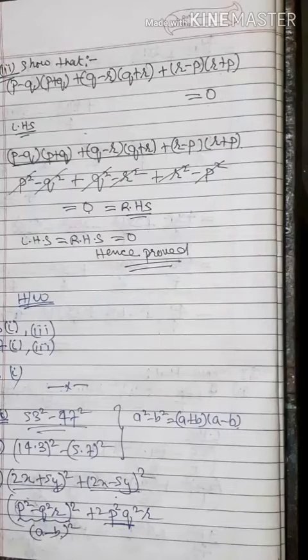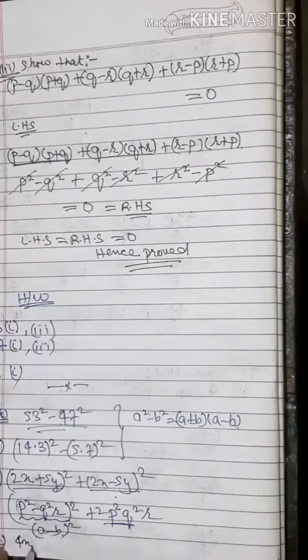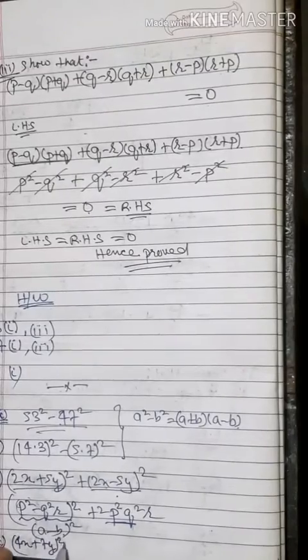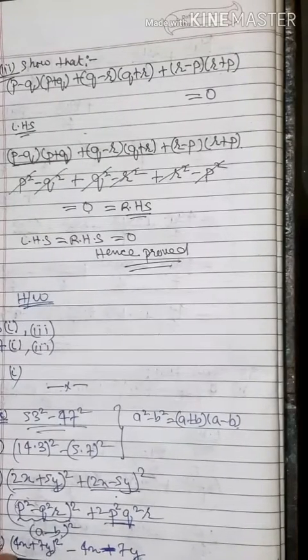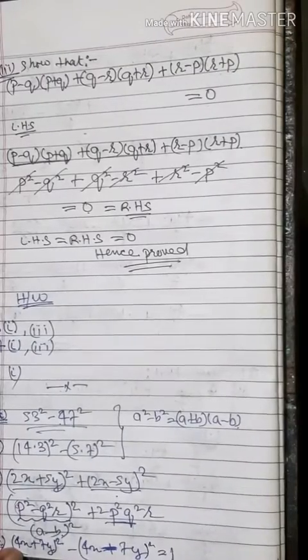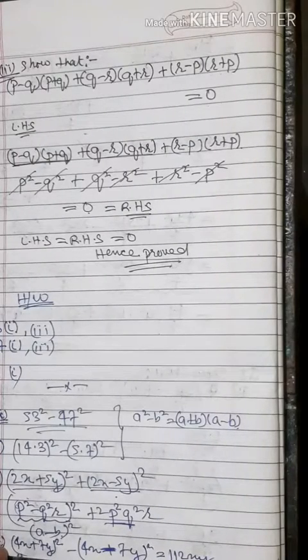Then you have question number 8 Roman 1: show that 4x plus 7y whole square minus 4x minus 7y whole square is equal to 112xy. Begin from the left hand side. Expand 4x plus 7y whole square using the formula for a plus b whole square, then expand 4x minus 7y whole square using the formula for a minus b whole square.